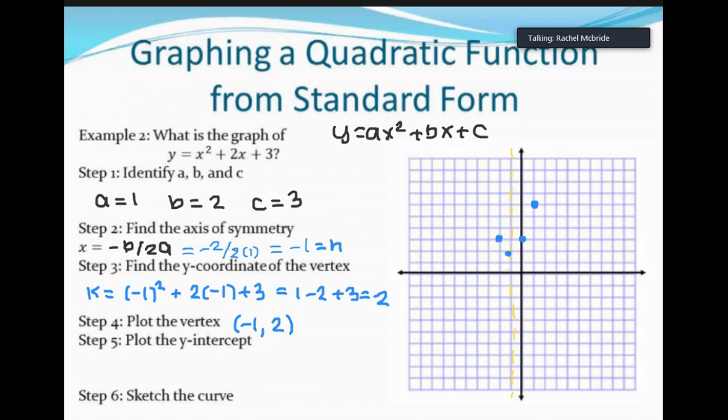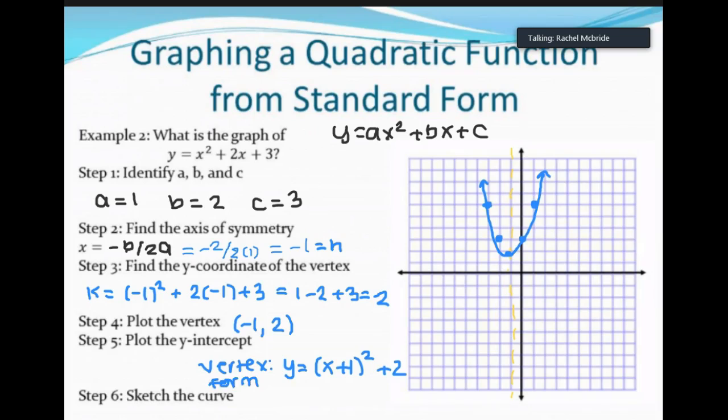If it goes up 4 and right 2, it goes up 4 and left 2. So here is my perfectly symmetric curve. So y equals x squared plus 2x plus 3 looks like this graph over here. And in vertex form, it would be y equals 1 times x plus 1 squared plus 2. So this is the vertex form.